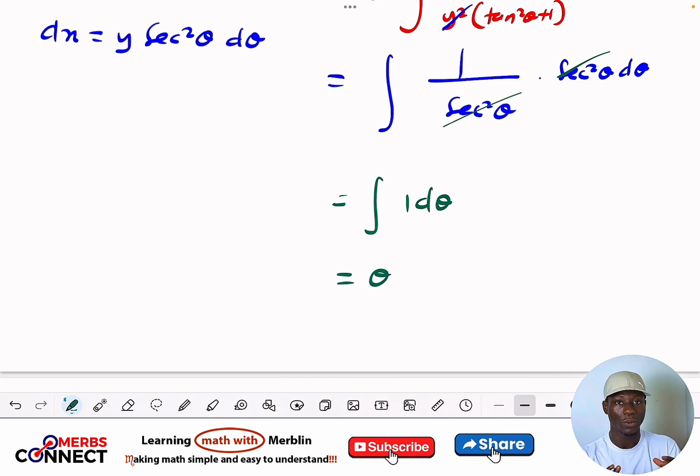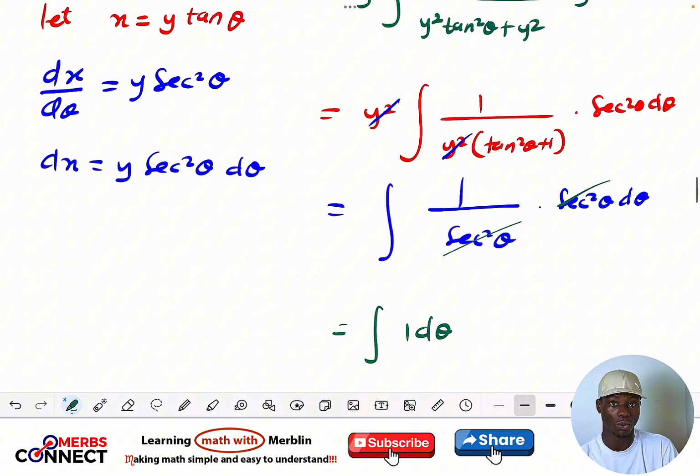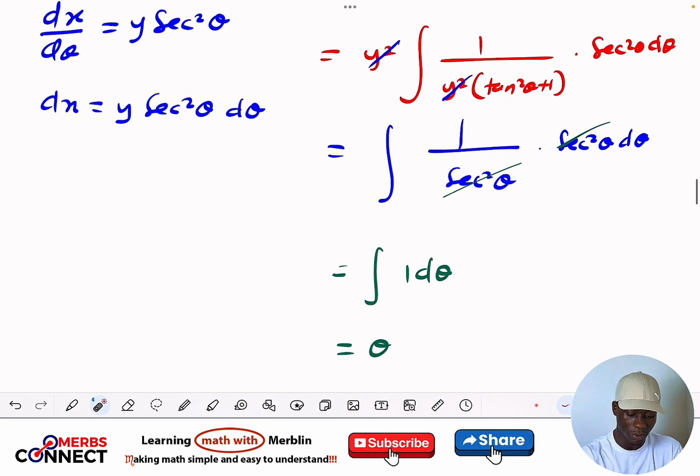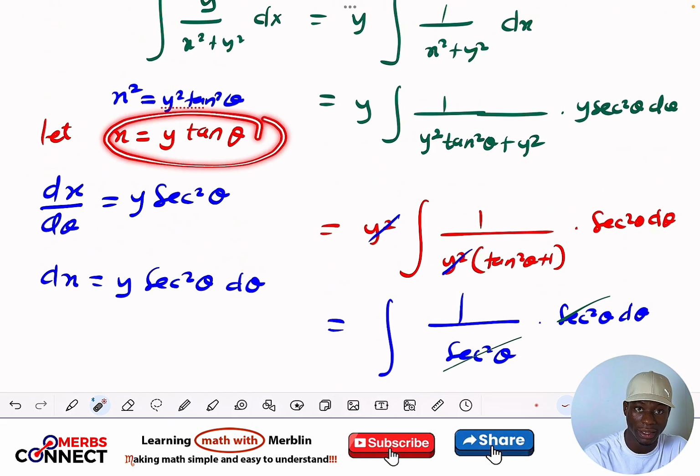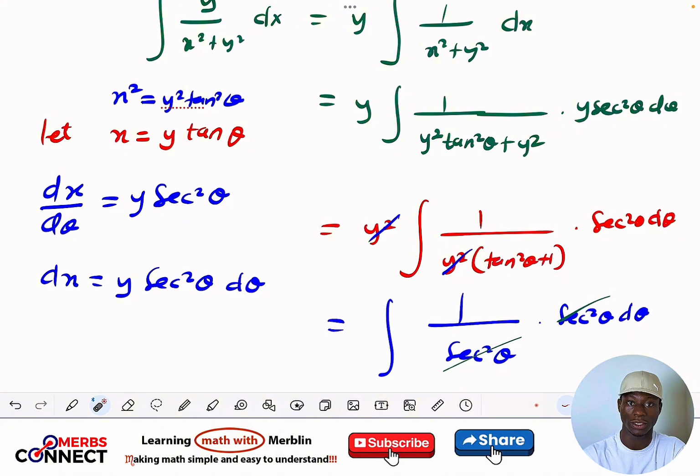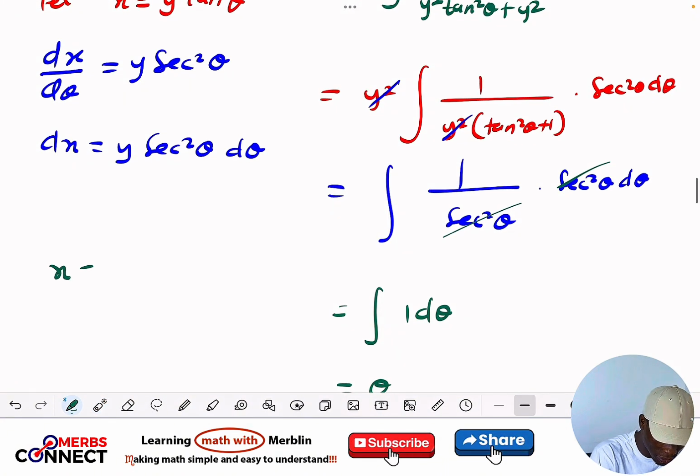Now the function that we are integrating was in terms of x and y. So our final answer should be in terms of x and y, not theta. So we need to go and look for theta. Now, where can we get theta? We can get theta from where we made x equal to y tan theta. So we know that x is equal to y tan theta.